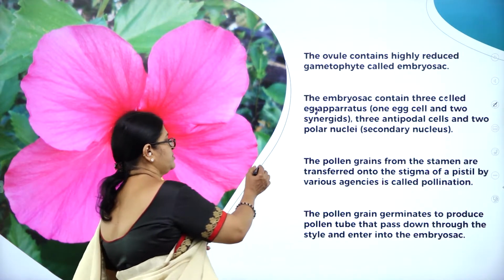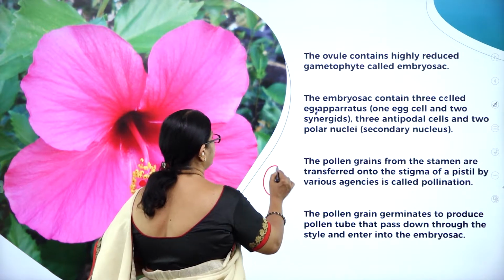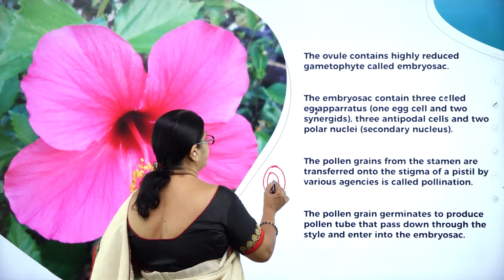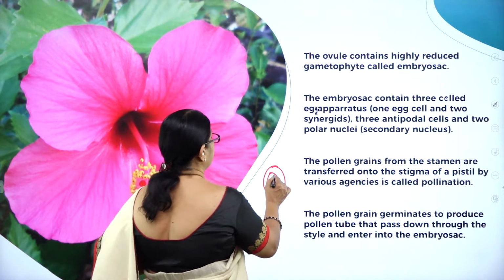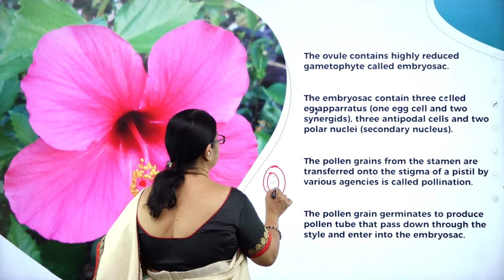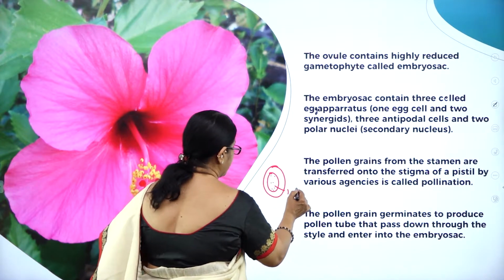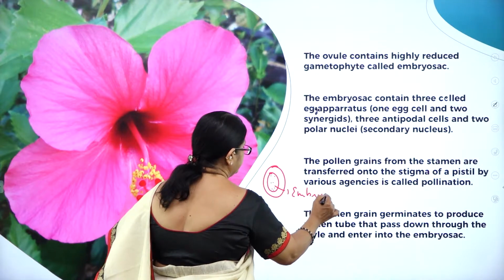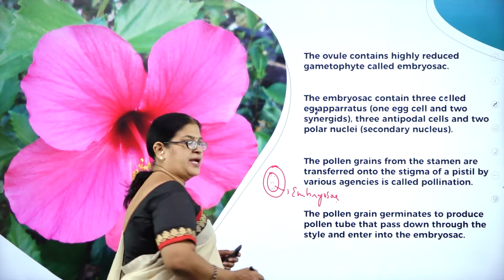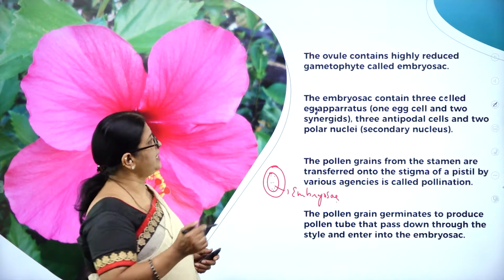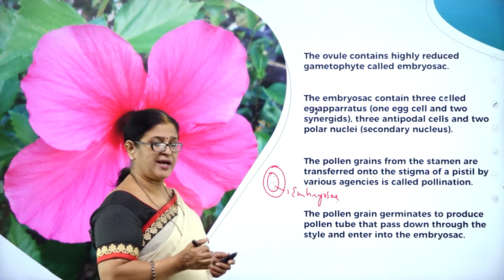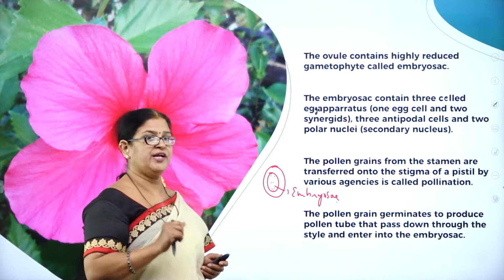So I think all of us know that when you come across the ovary, this is the gametophyte. This is the embryo sac. The ovule contains a highly reduced gametophyte called the embryo sac with a 7-celled 8-nucleate stage.